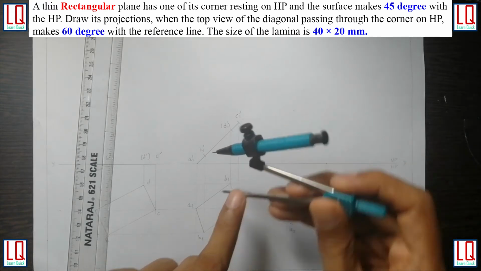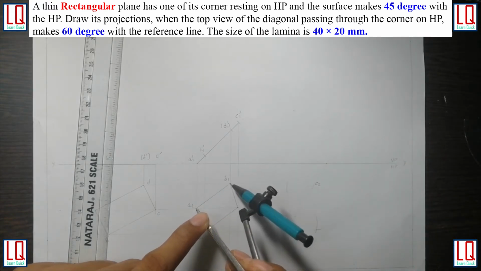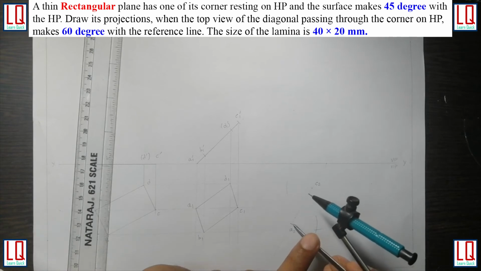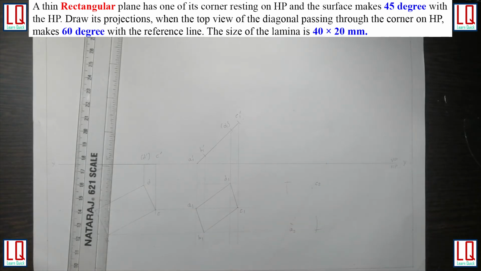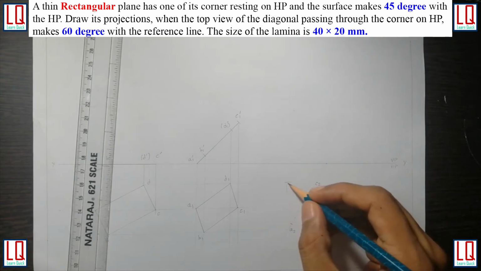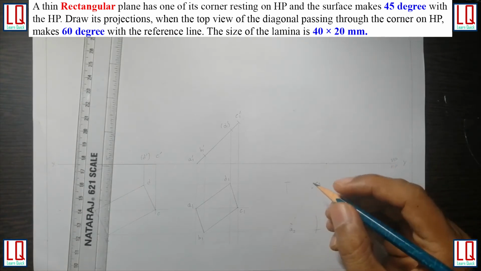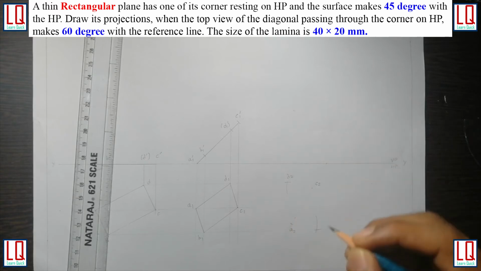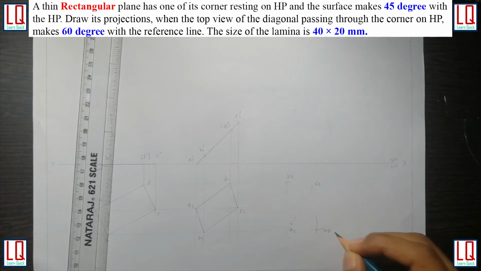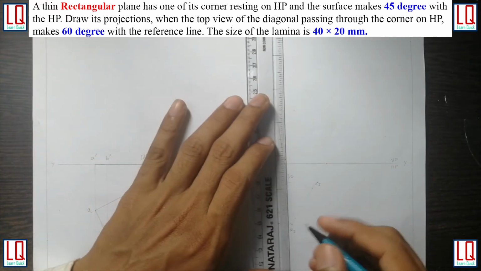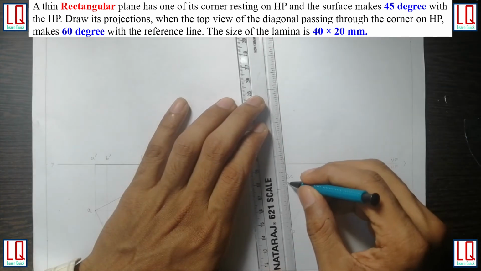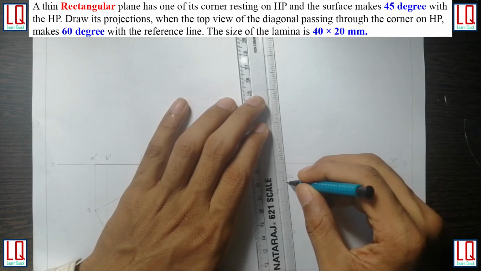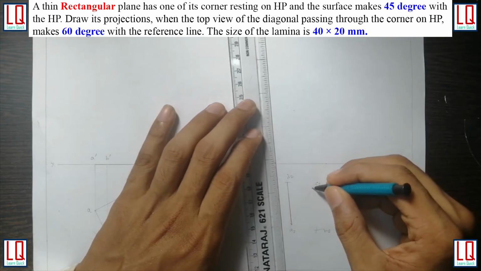Now measure A1 to D1 and then from A2 cut an arc. The coinciding points of the arcs will be D2 and then B2. Since this view is your final top view after both inclinations, I use my HB pencil to draw the projection.